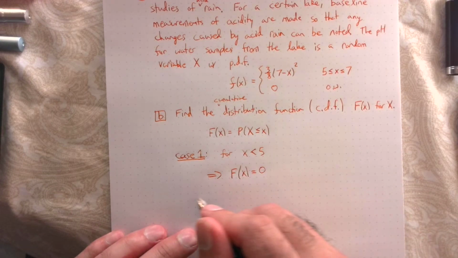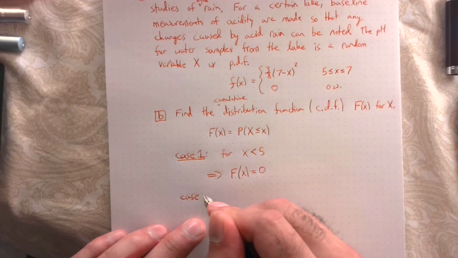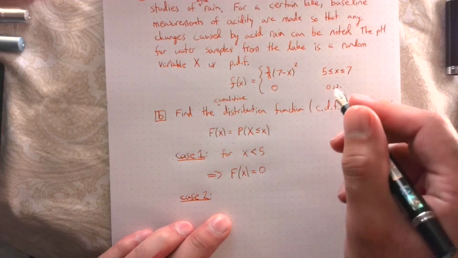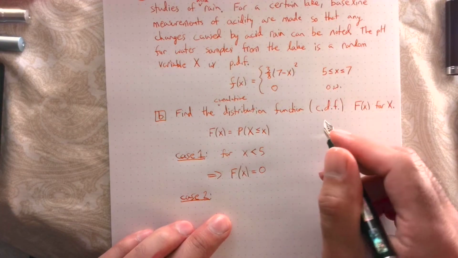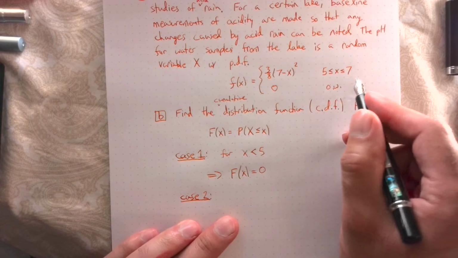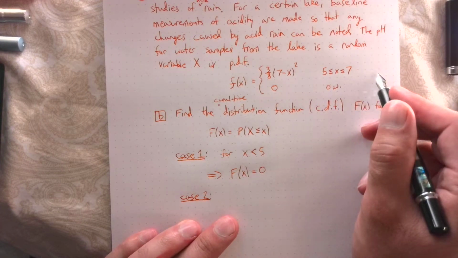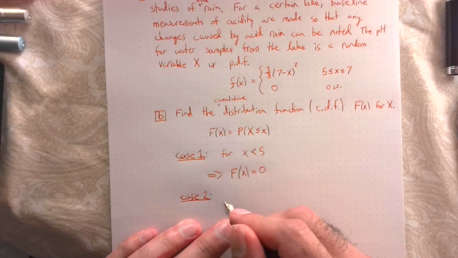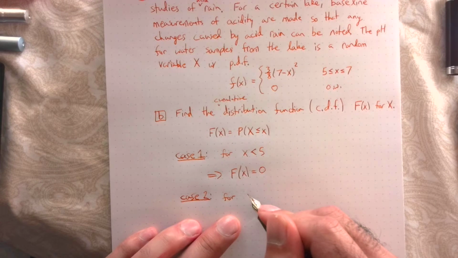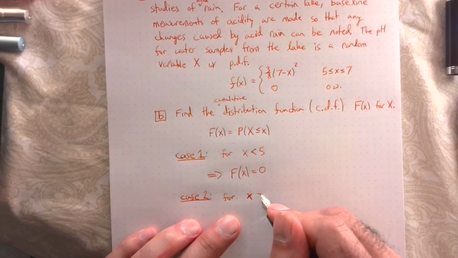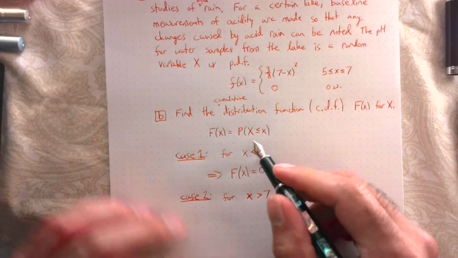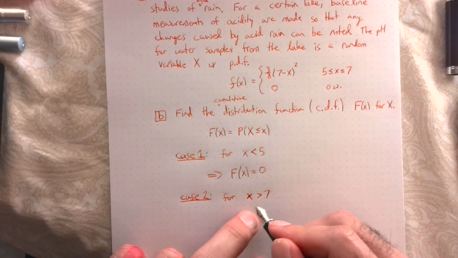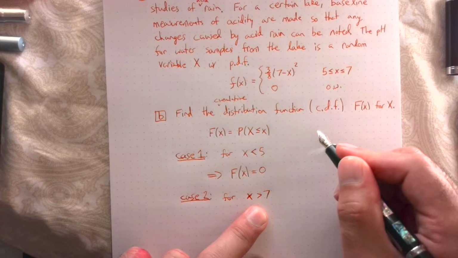So the second case that we need to do is to think about what if x is between. So maybe let's do the last case first. The second case we can think of is if x is greater than 7. So for x greater than 7, I'm asking what's the probability that x is less than or equal to some x that's greater than 7?